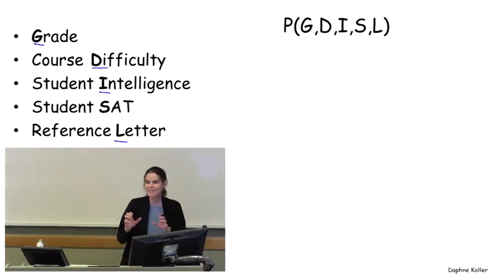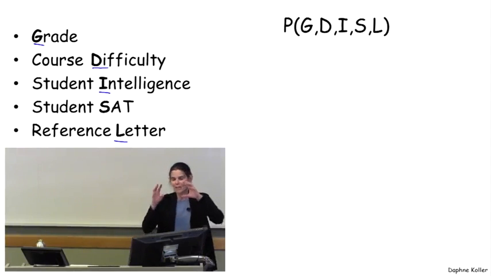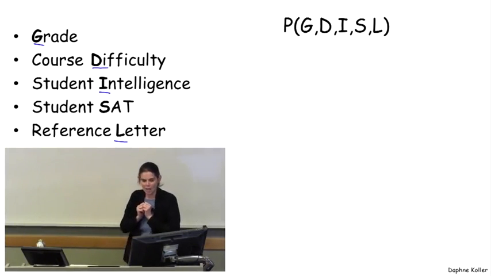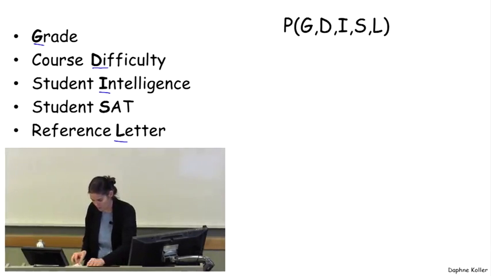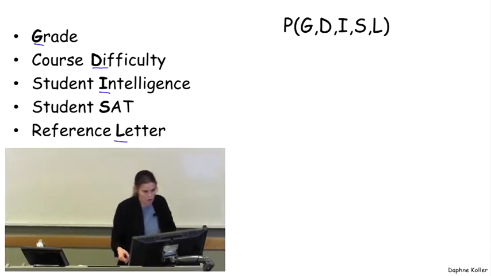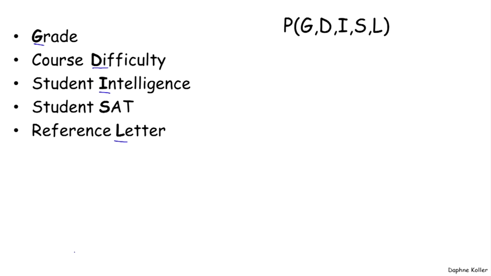Okay, so now let's think about how we can construct the dependencies in this probability distribution. Okay, so let's start with the random variable grade. I'm going to put it in the middle and ask ourselves what the grade of the student depends on.